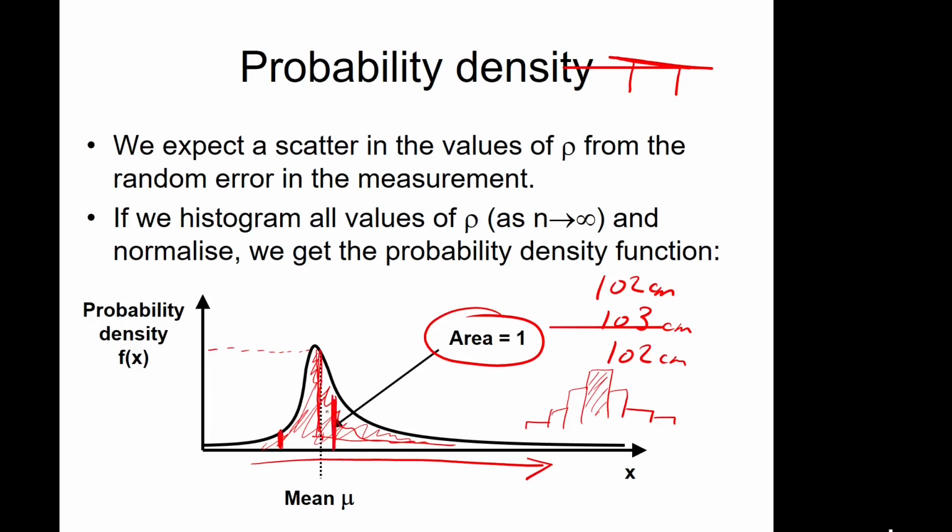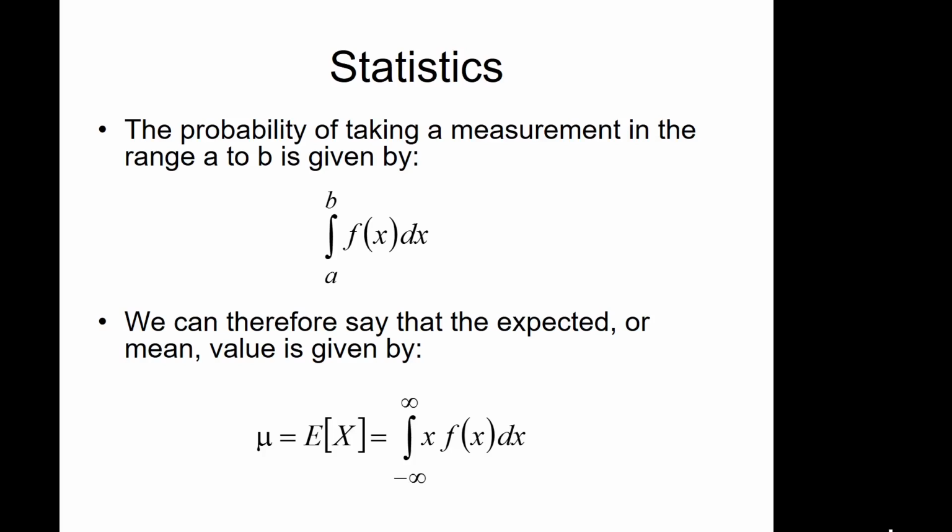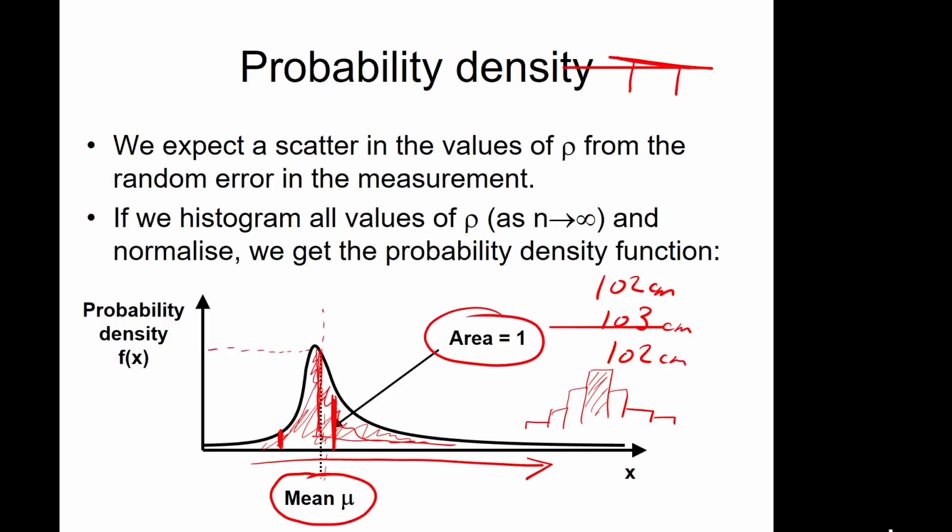What we can do is find the average of all this and find a mean value here. And this mean value is our best estimate of that measurement. So in terms of statistics, we want to find the mean of that. The mean is essentially adding up all the values and dividing by the number of measurements.